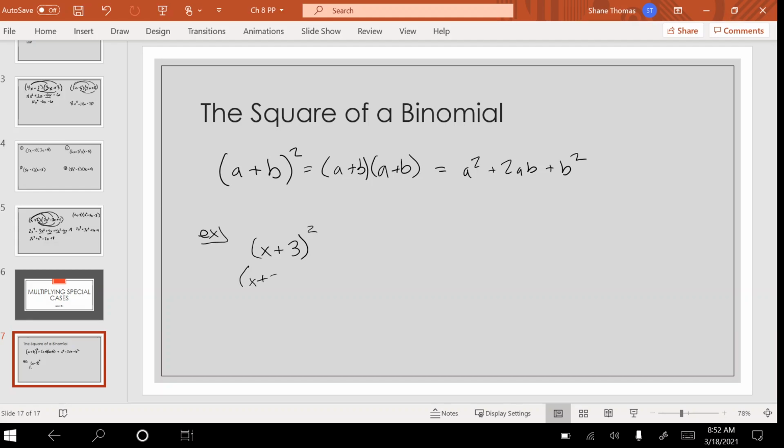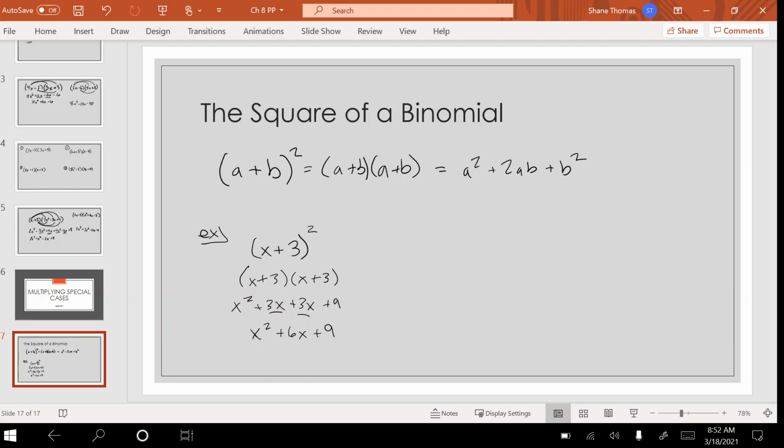So (x + 3) times (x + 3). Then FOIL: x times x is x squared, x times 3 is 3x, then multiply the 3, so 3 times x is 3x, 3 times 3 is 9. Combine like terms: x squared plus 6x plus 9.